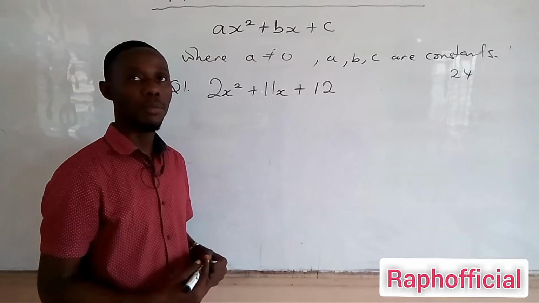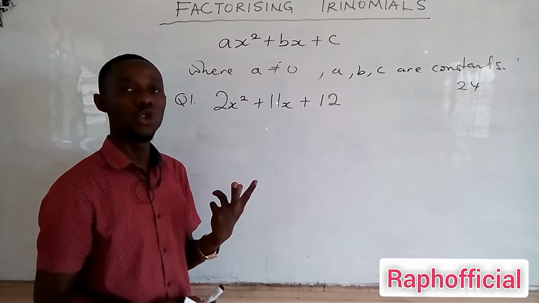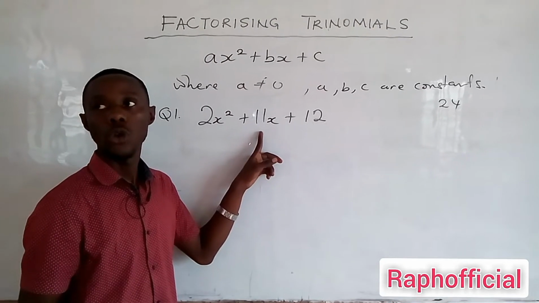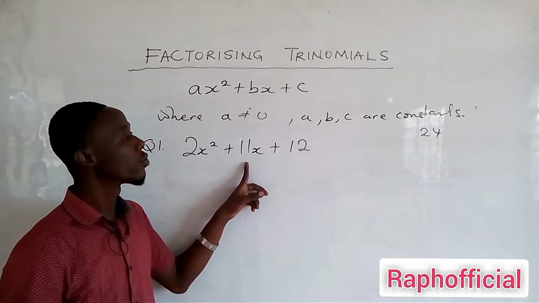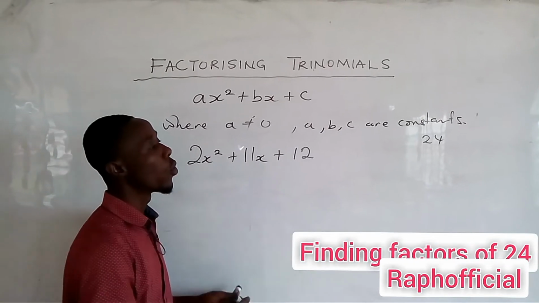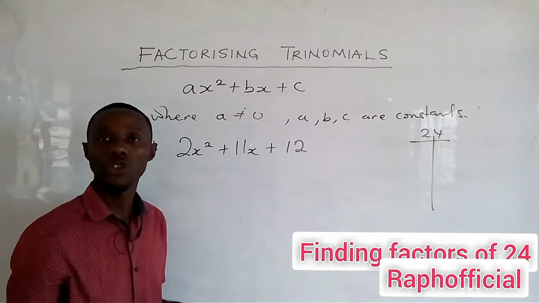That's my first step. Now, the second step, we need two terms that we can use to fit here. Those two terms will come from the 24. They are also factors of 24.